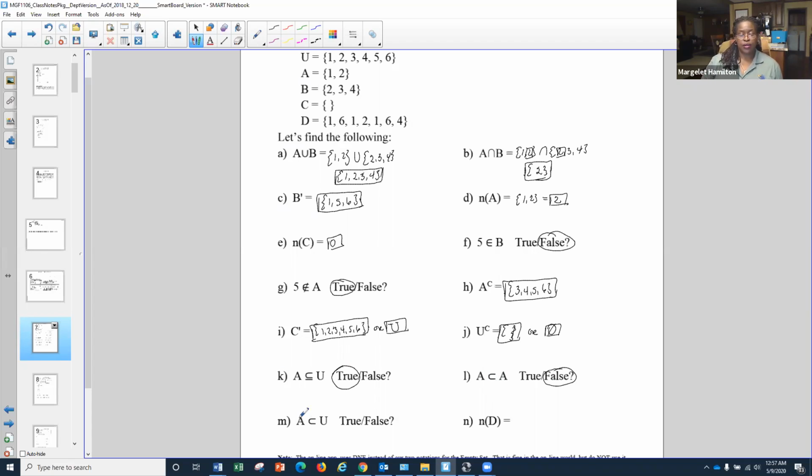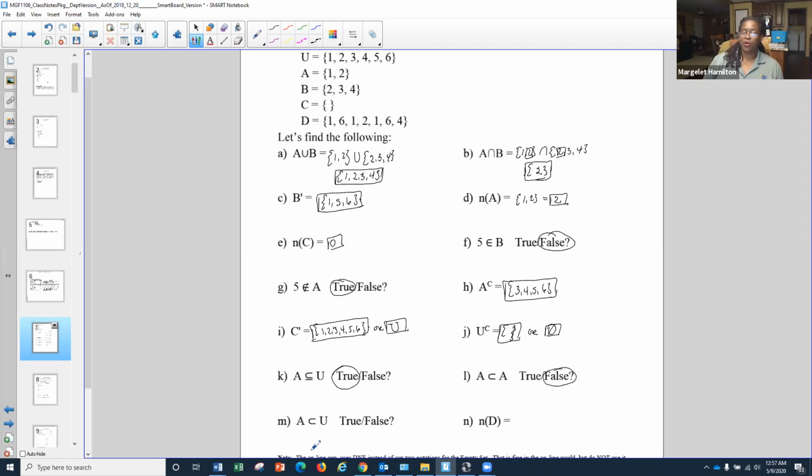Let's look down here, M. It says A is a proper subset of the universal set. Again, we gotta ask ourselves the 2 questions. First question, can all the elements of A be found in the universal set? Can they? We already said before that, yes, they can. Now, is A equal to the universal set? Are they equal to each other?